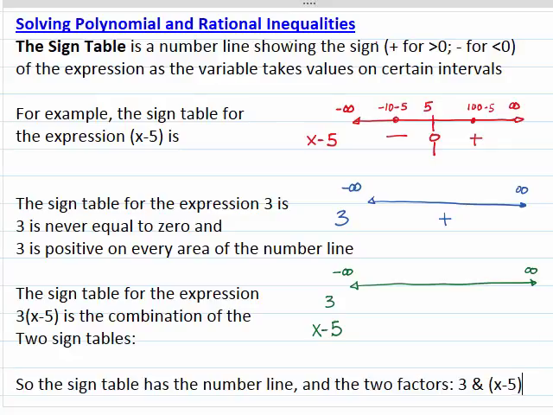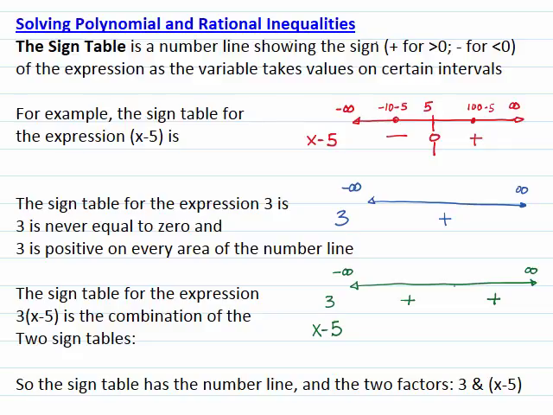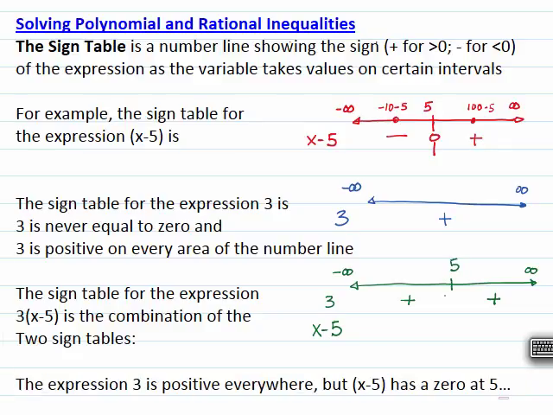The expression 3 is positive everywhere on the number line, but the expression x minus 5 has a 0 at 5. It is positive to the right of 5, and it is negative to the left.